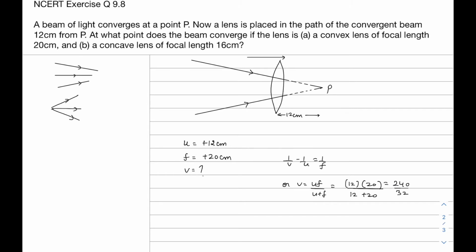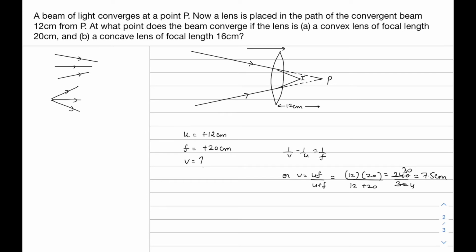So if you solve it, this would be 30 by 4, which is 7.5 centimeters. So it means the image would now be formed at 7.5, somewhere here. So it will be now more converging like this, and this would be the image formed in the first case. So for the first case the answer is 7.5 centimeter.